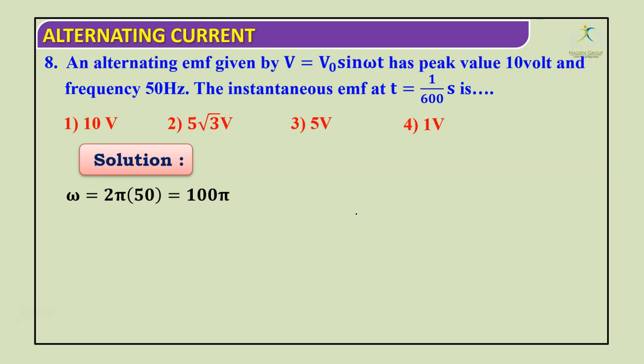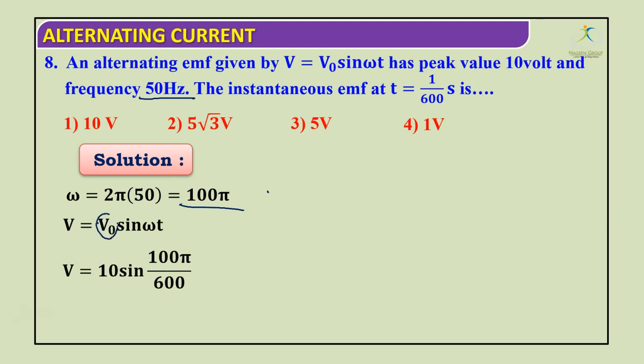Omega is equals to, we know, 2 pi f, and the frequency is already given here, 50 hertz. So after solution, that's 100 pi, and V is equals to V naught sine omega t. So I just put the value of V naught, as the question gives 10 volt.